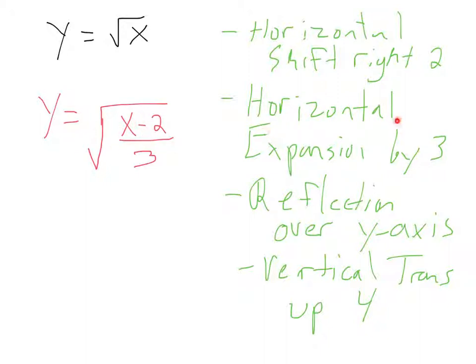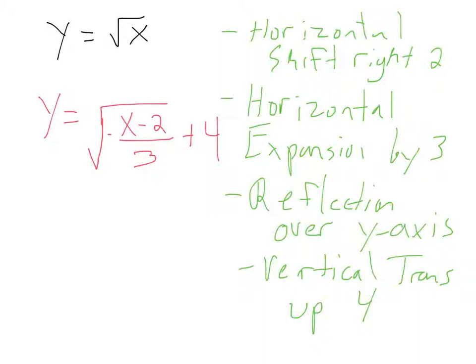And so if it's a horizontal expansion by 3, what I have to do is multiply the inside by 1/3, right? And then it's a reflection over the y-axis, which is also on the inside, so the whole thing on the inside has to be negative. And then lastly, it's a vertical translation up by 4, right? So that will accomplish what we want to accomplish right there.